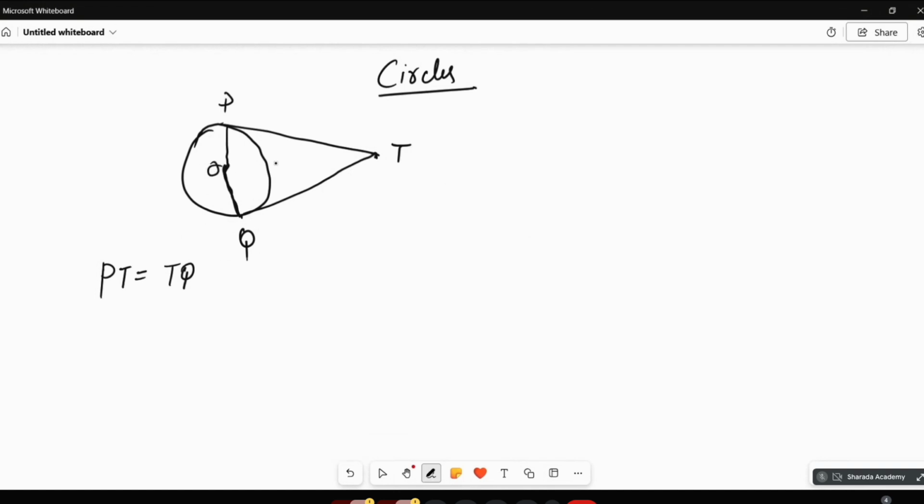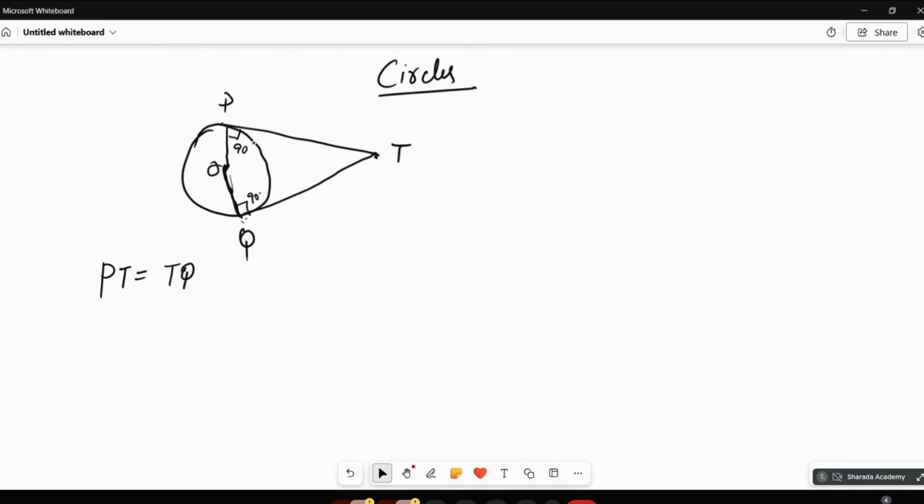And the second one we studied is the radius and the tangent. They make 90 degrees with each other at the point of contact. So these two are the important theorems. Again, I repeat, PT and TQ are the two tangents from a common external point, so they are equal.